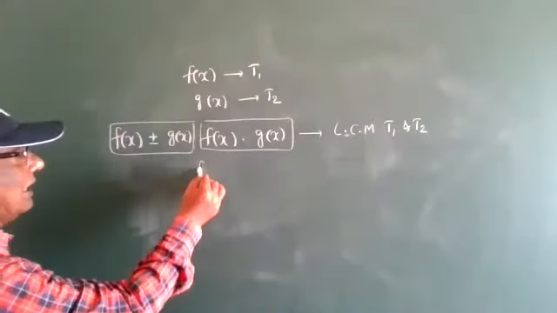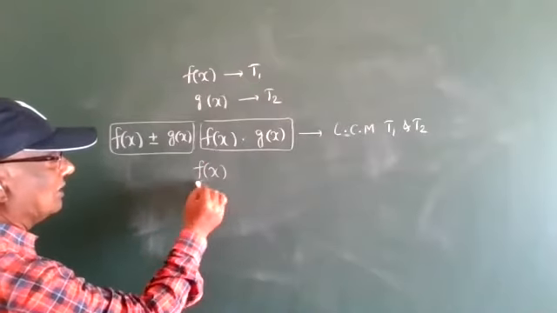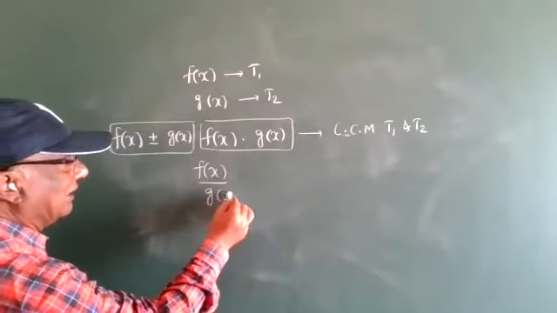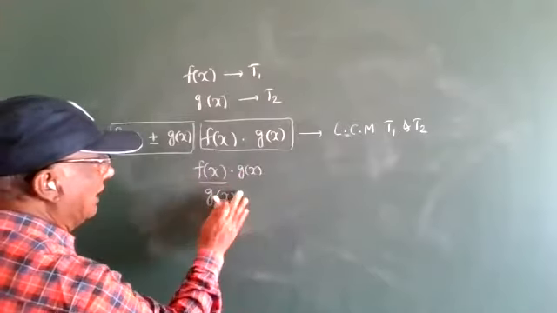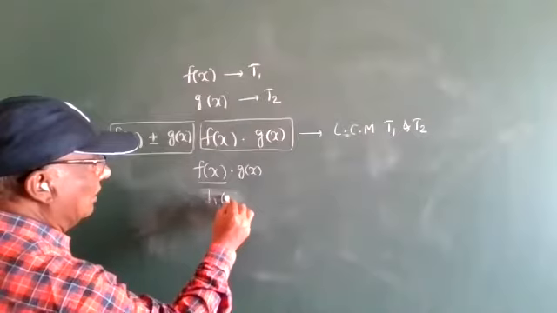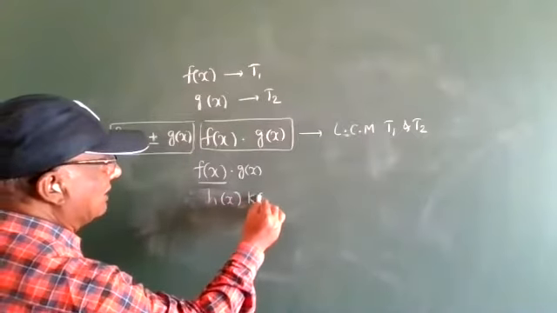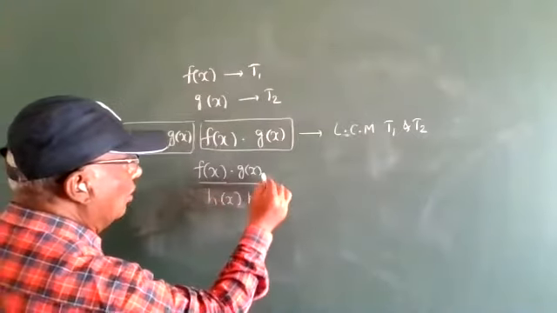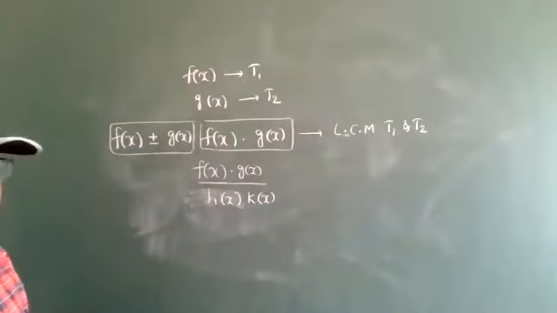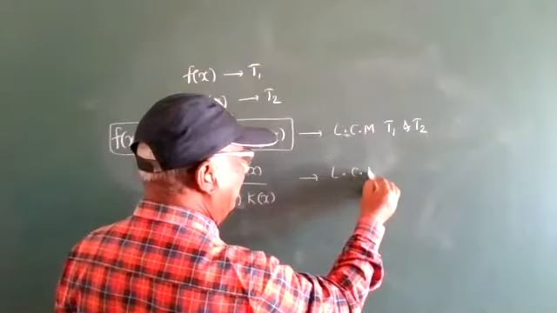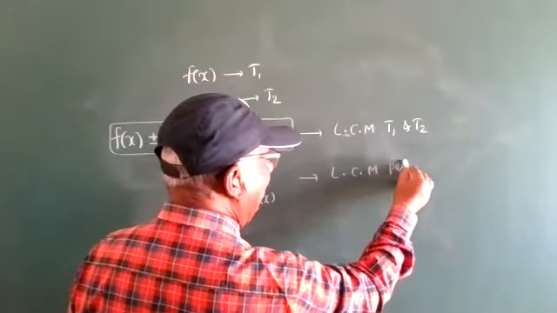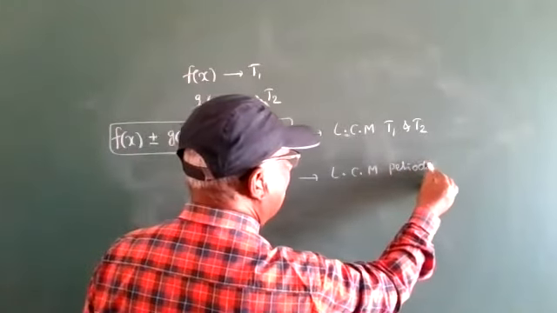Last one, f of x by g of x is given. So f of x into g of x by h of x into k of x. The numerator is the LCM of the periods of f of x and g of x.